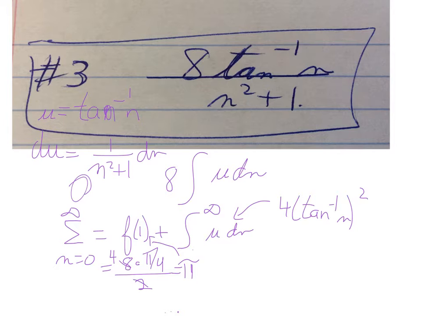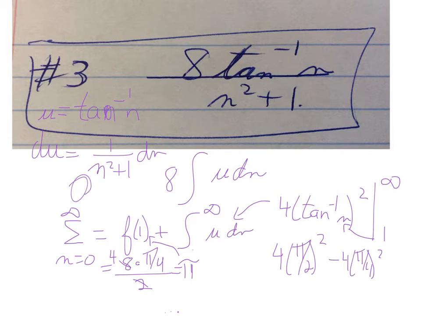And so when you substitute in the infinity part of that, it's going to be 4 times pi over 2 squared minus 4 times pi over 4 squared when we substitute the 1 in for n there, right, when n equals 1.